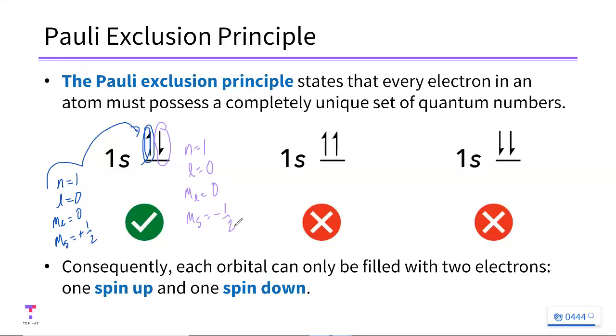So we can use quantum numbers to describe any electron in an atom. That's the purpose of quantum numbers, to describe those electrons in that atom. But what we'll find is that in a lot of cases, this information isn't terribly useful to us.